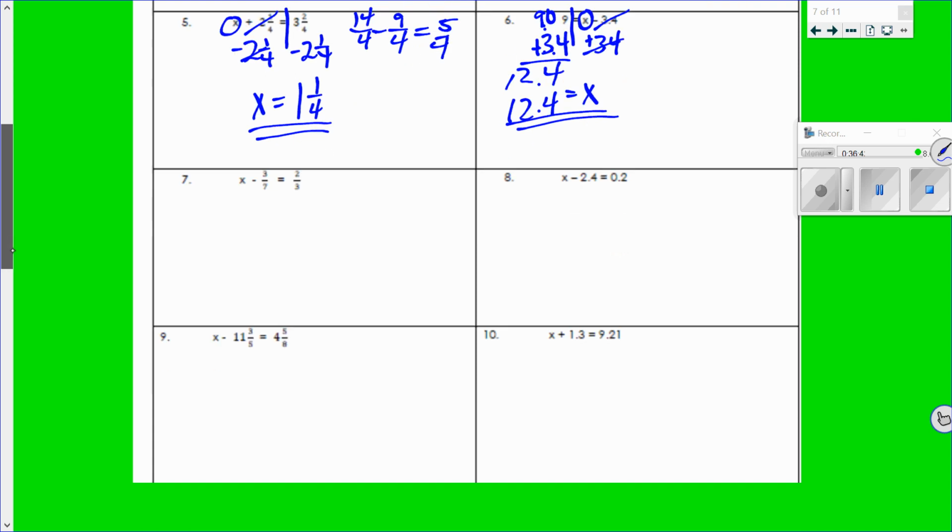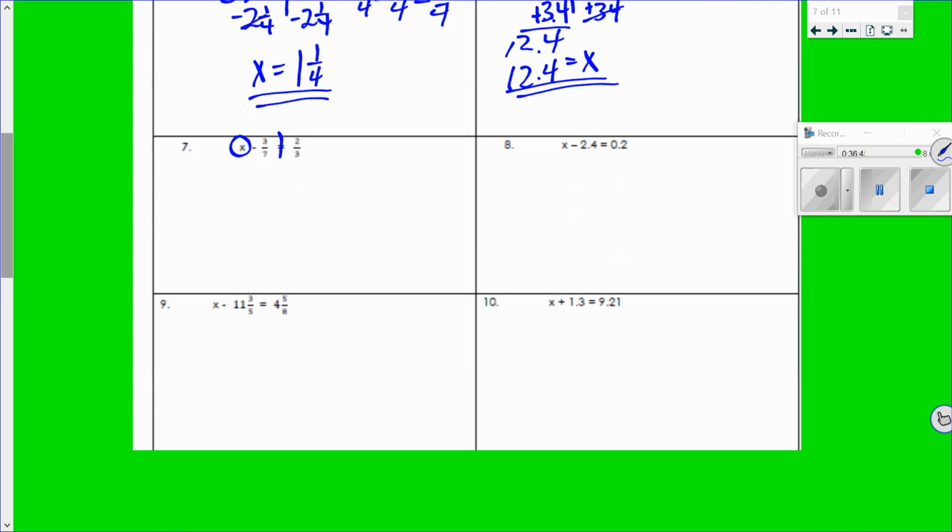Okay? 7, here's our variable. The opposite of subtracting 3/7 is adding 3/7. These will go away. We have to have the same denominator. So that's going to get me 14 21sts plus 9 21sts, which is 23 21sts, or 1 and 2 21sts.